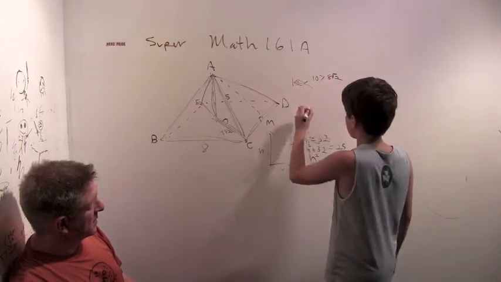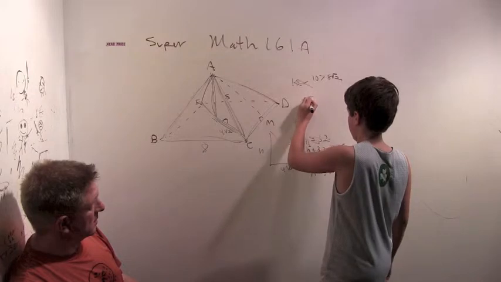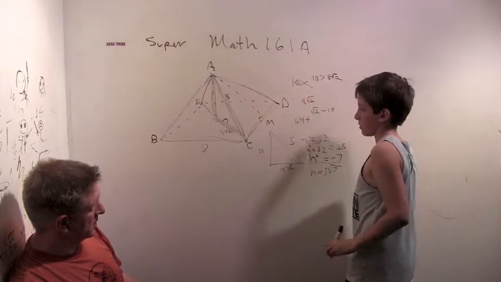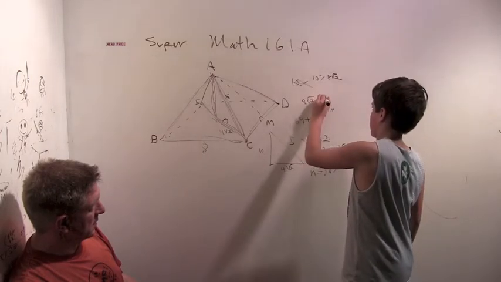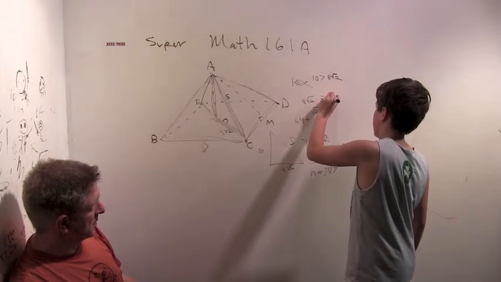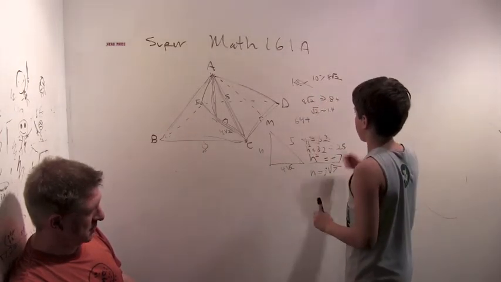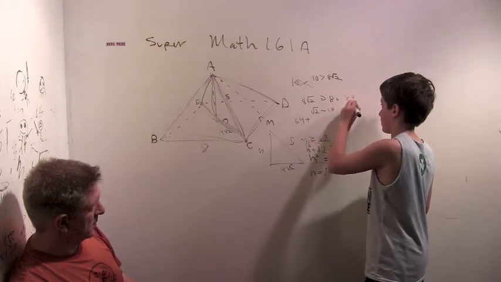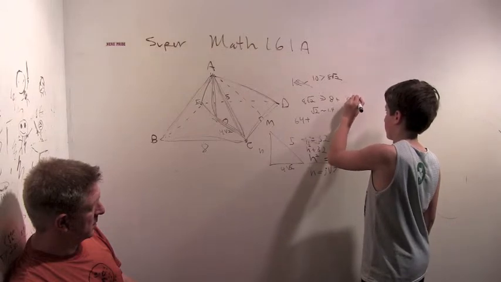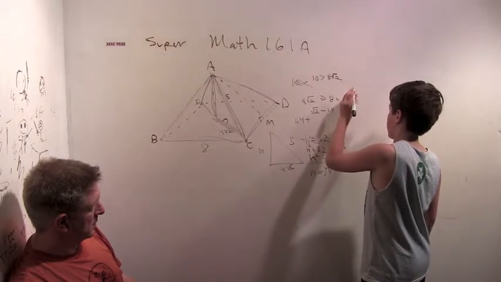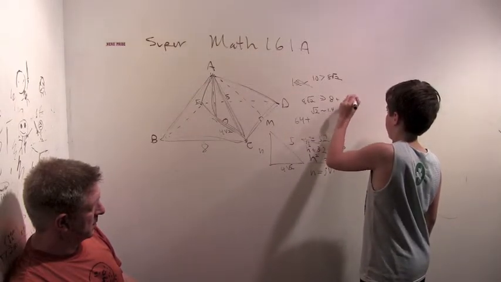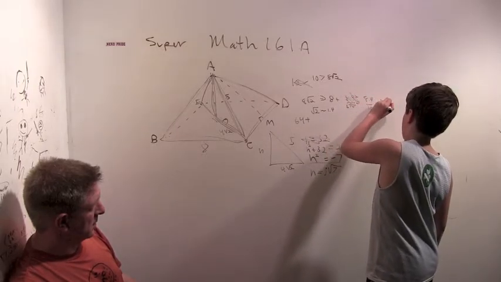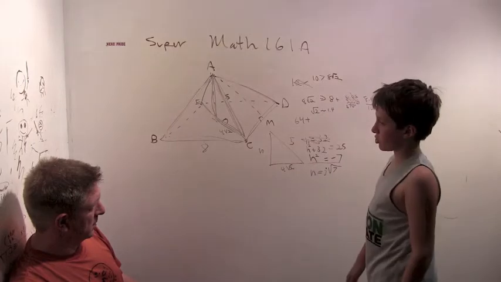Because 8 root 2, well, root 2 is about 1.4. Okay. So we could say this is around 8 plus 8 times 4/10. It's 3.2.